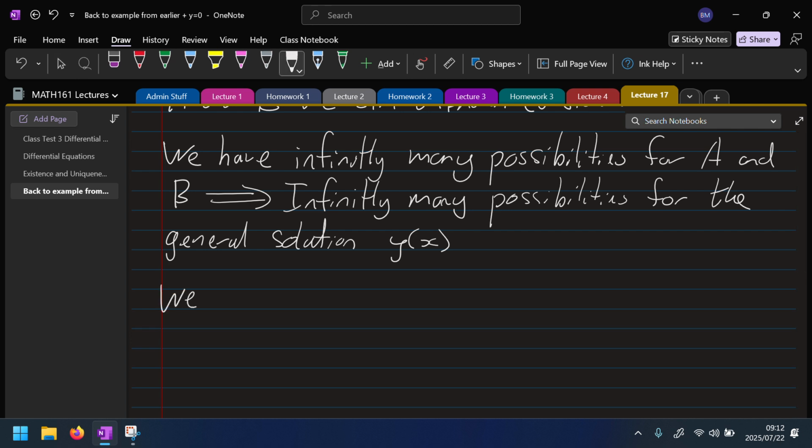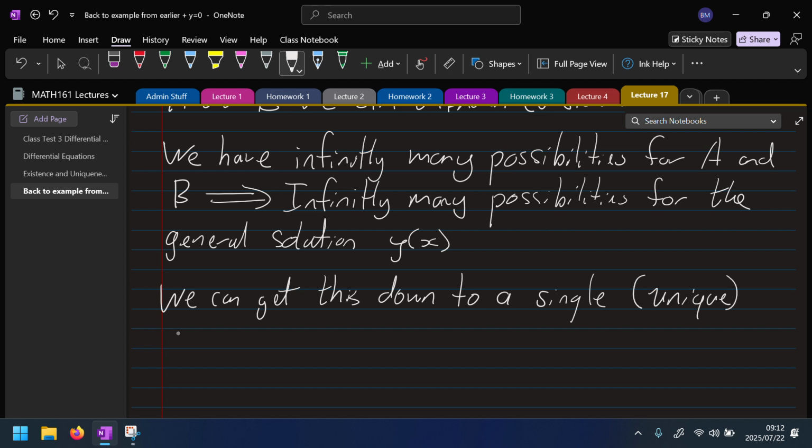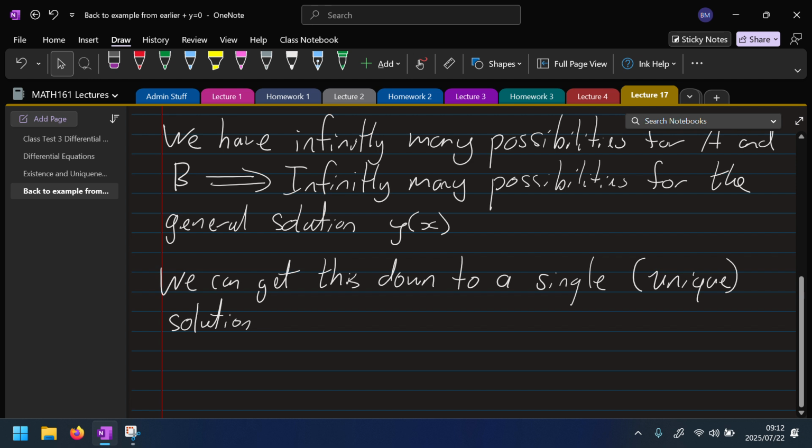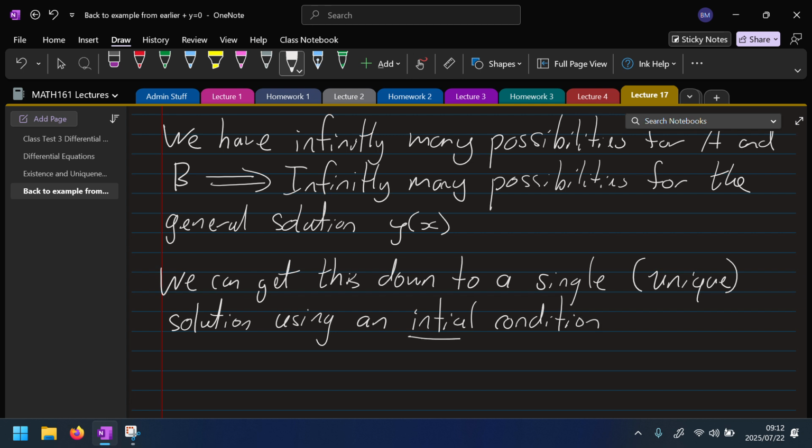Okay, we can get this down to a single, unique solution using an initial condition, or some boundary values.